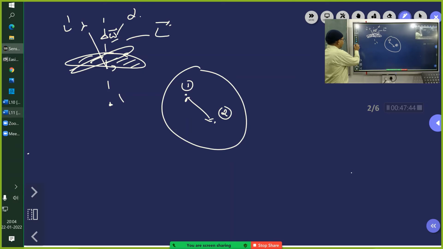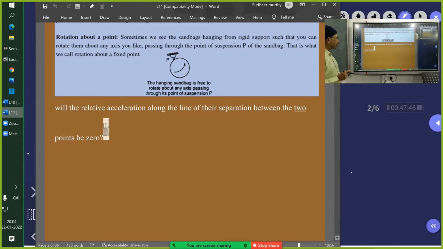Now please try to answer this question. It's very simple. Will the relative acceleration along the line of separation between the 2 points be 0? No, sir. Need not be zero. Need not be 0. Anybody else? Hello?